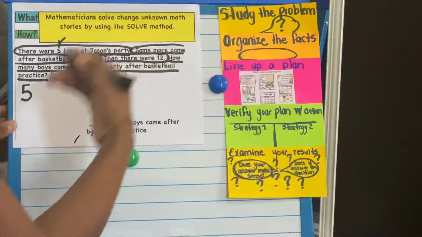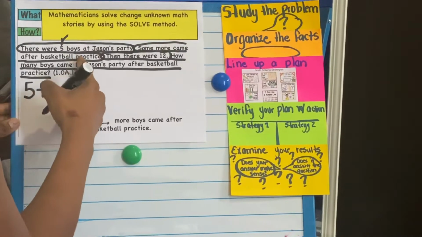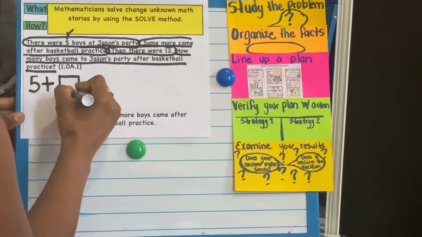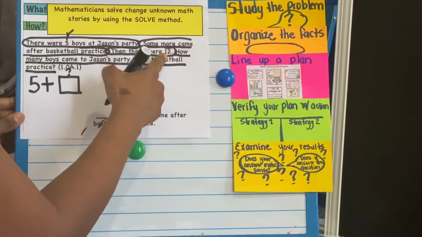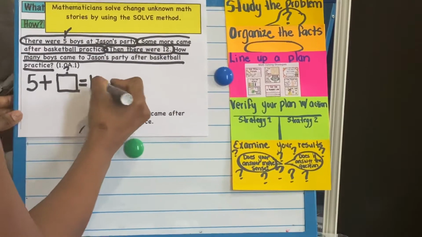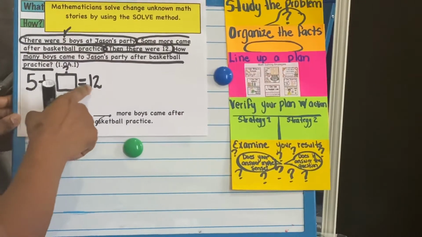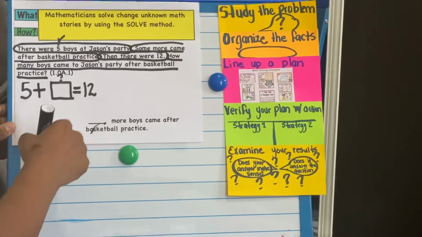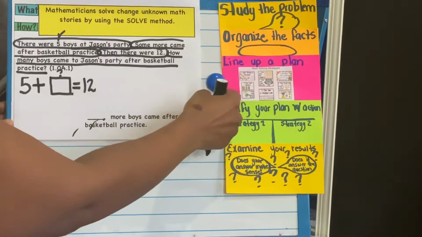Plus, do I know how many more came? No, that's the unknown part of the equation. I also know that there were 12. So equal to 12. So 5 plus a number equals 12. I am going to try to solve my problem using two different strategies.